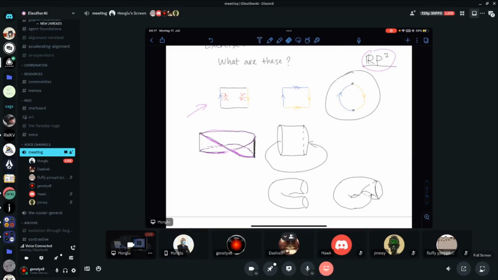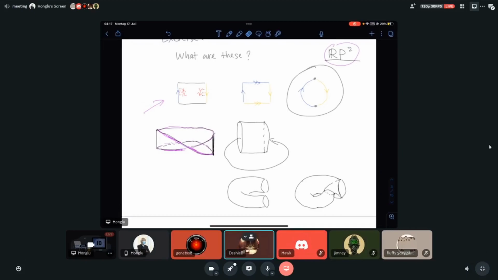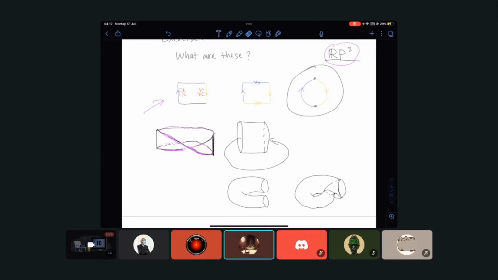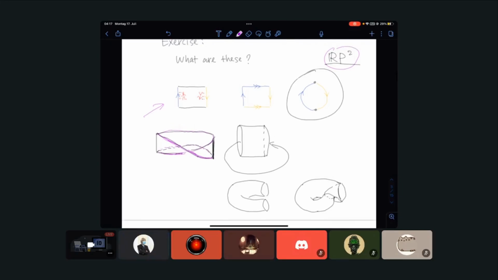Is it like the real plane but with only 2 points at infinity? Not 2 points at infinity.